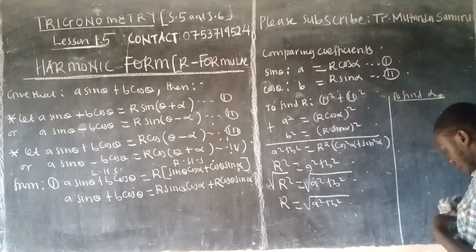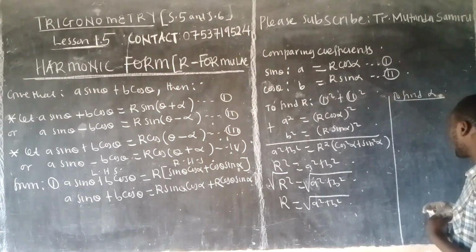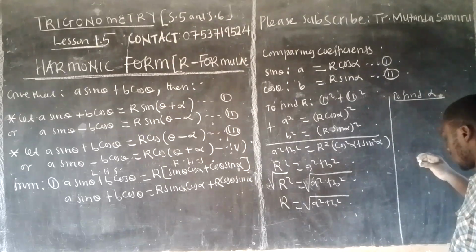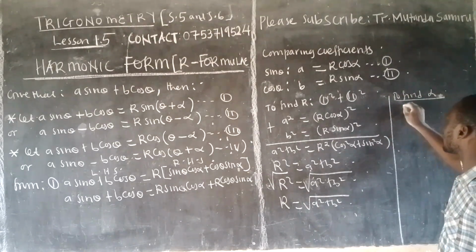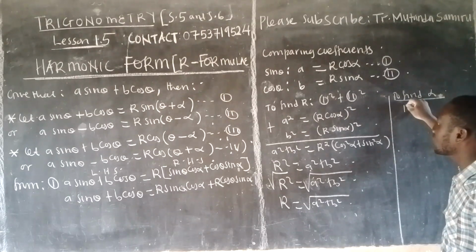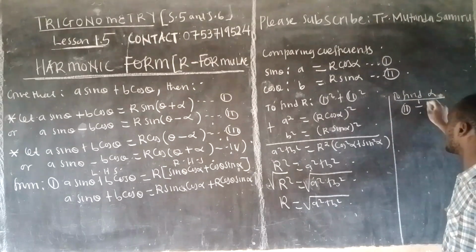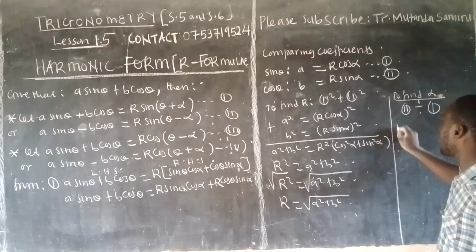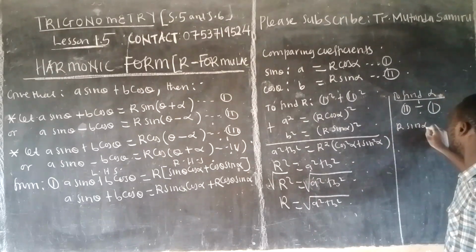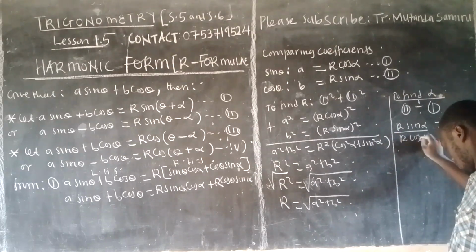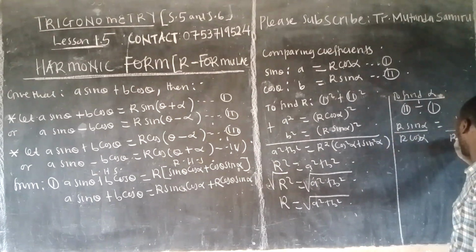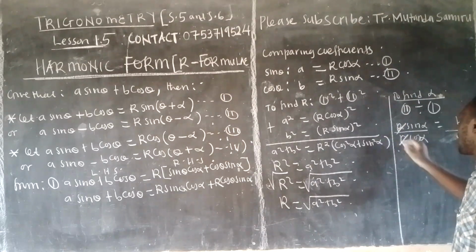So to find the alpha, what you do is divide. Equation 2 divided by equation 1. So that will be R sine alpha over R cos alpha is equal to B divided by A. So the R will go away.